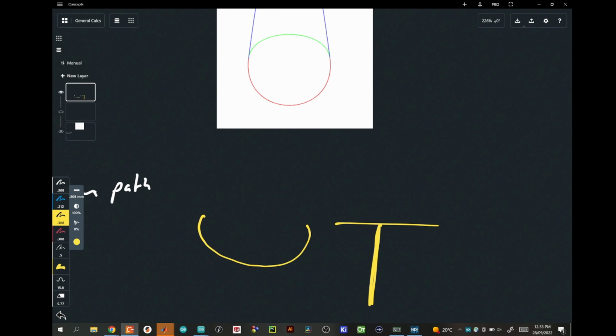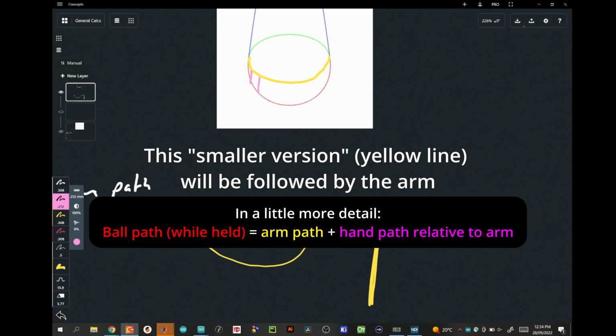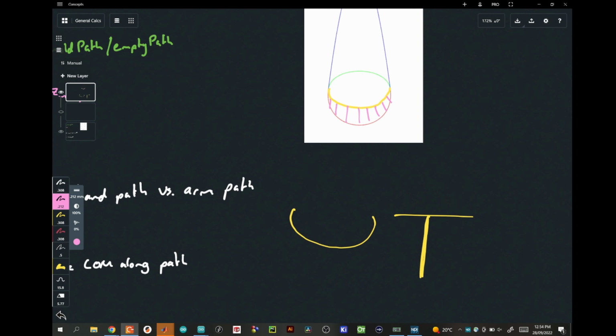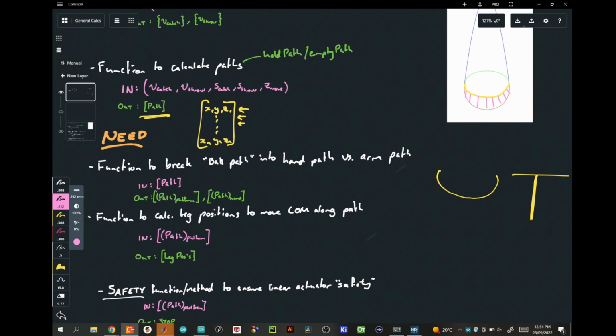So I'm essentially going to be decomposing this red line here into a smaller version of itself and then adding on a straight line at every given instant, which will represent the hand relative to the arm. I'm still not exactly sure how I'm going to split these up, and I need to do a bit more thinking about that. But that's the general gist of how that will work.